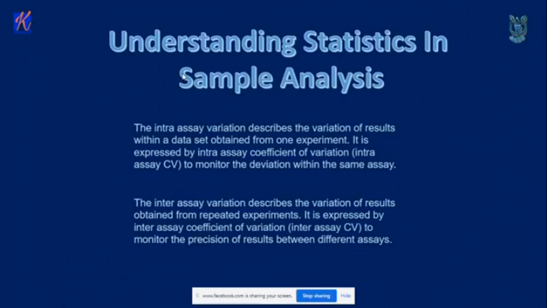For example, I have a saliva sample, and now I have made 5 dilutions of it, for example 1 to 10, 1 to 20, 1 to 30, like that. I have made 5 dilutions of the same sample, and I will analyze it. Now I have made duplicates of these dilutions.